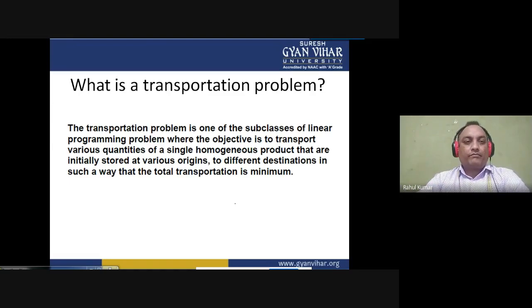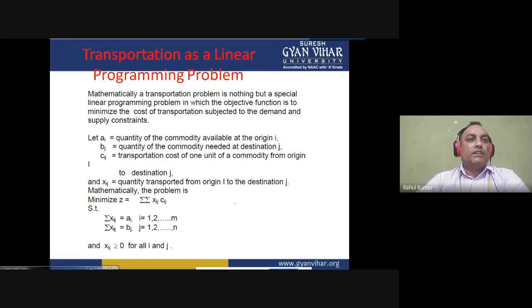And here, transportation as a linear programming problem means this problem is related to transportation as a linear programming problem. And we can solve this problem with the help of mathematical relations. Suppose AI is the commodity quantity available at the origin.